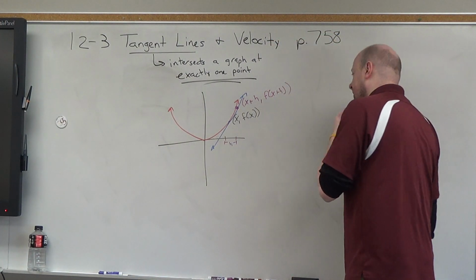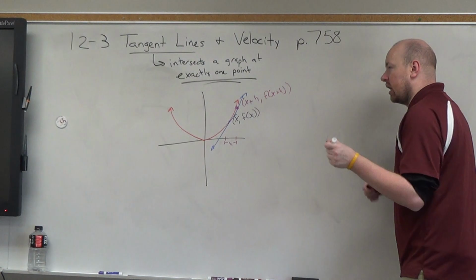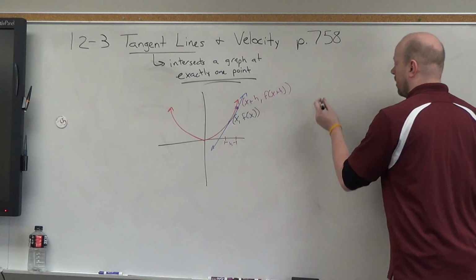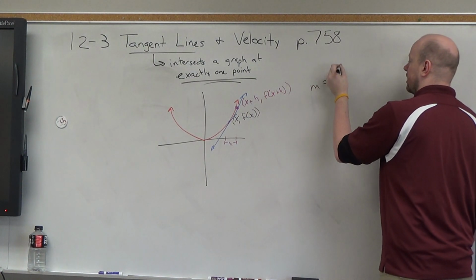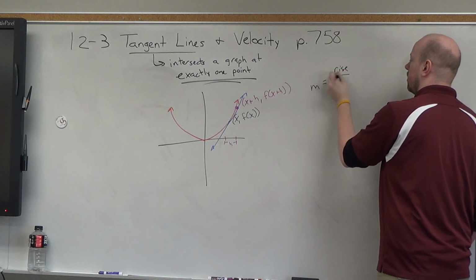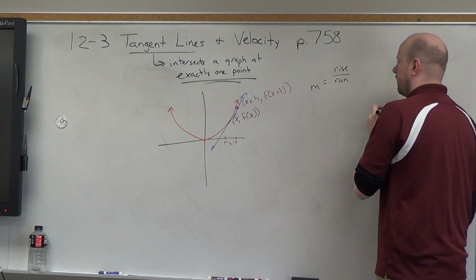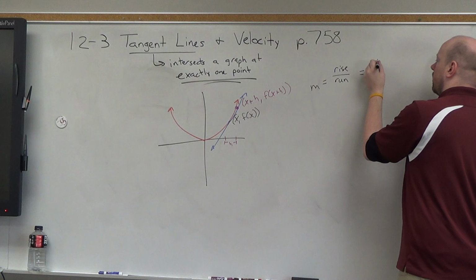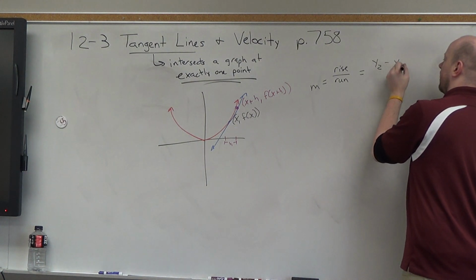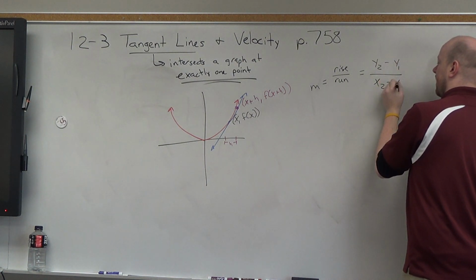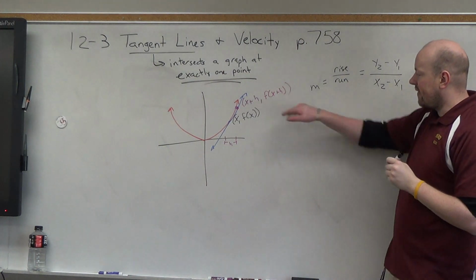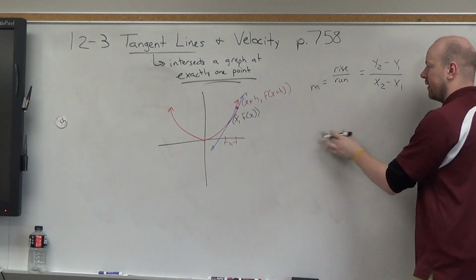Again, you guys remember slope way back when from geometry, and then even from algebra 1. Slope is just rise over run, or y2 minus y1 over x2 minus x1. Well, if I just gave you 2 coordinates, I could just plug those in.